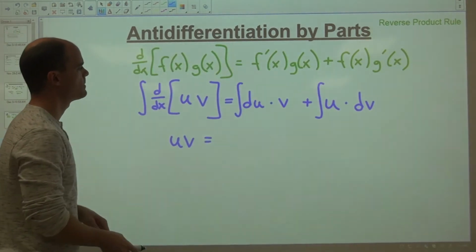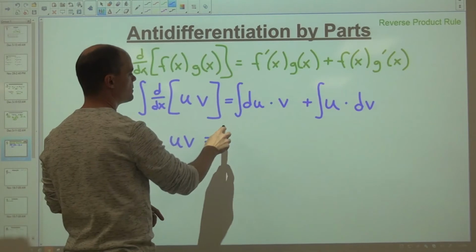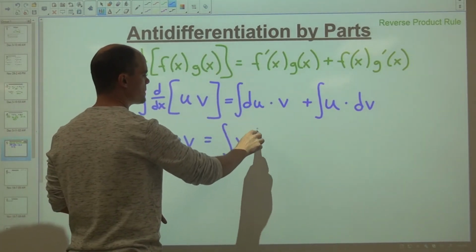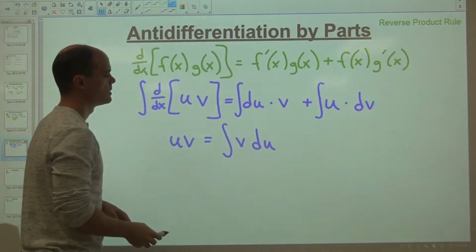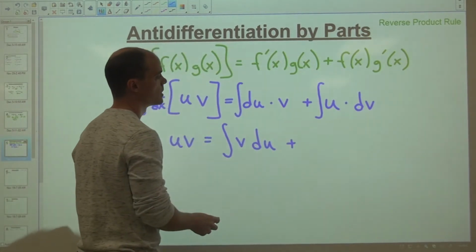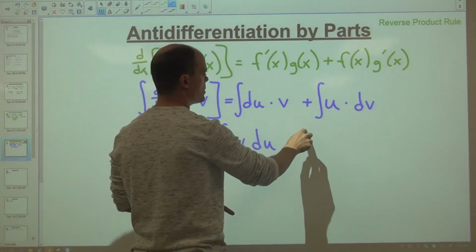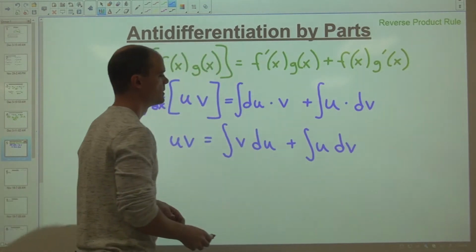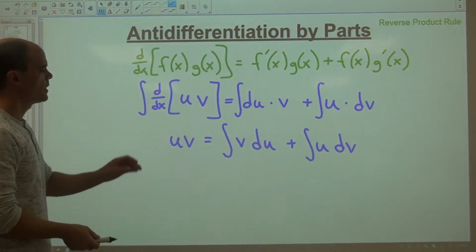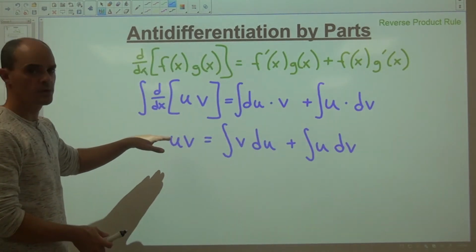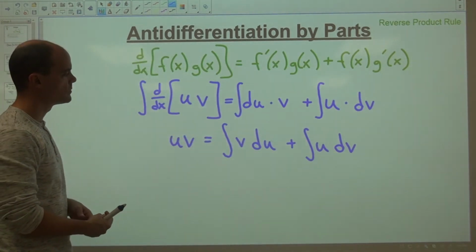Equals, so I'm going to reorder this. We're anti-deriving v with respect to u. Okay, it's weird, but okay. Plus, and now here, we're anti-deriving u with respect to v. So there it is. This is going to solve any reverse product rule that we need solved.